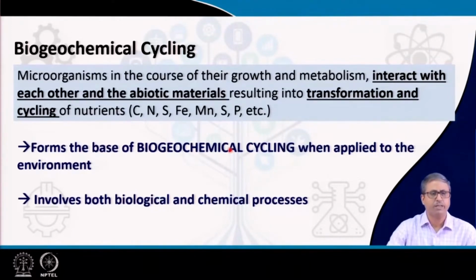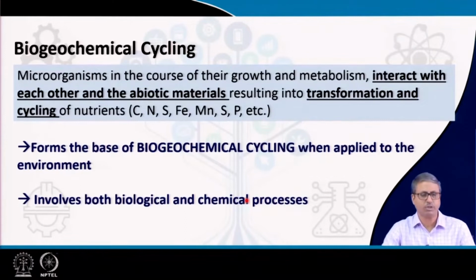we see biogeochemical cycling going on. This biogeochemical cycling involves both biological and chemical processes. Many of the reactions are chemical reactions which are catalyzed by microorganisms or enzymes, so there is strong biological control over that chemical transformation. It is also true that in many cases microorganisms sequester or accumulate different types of nutrients within them.